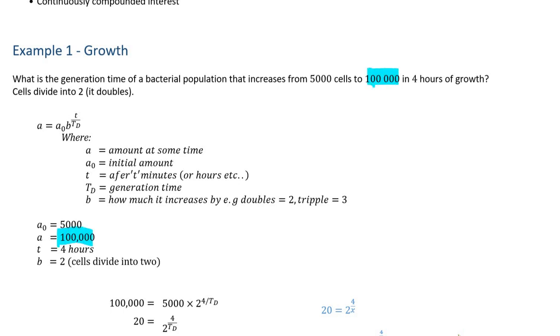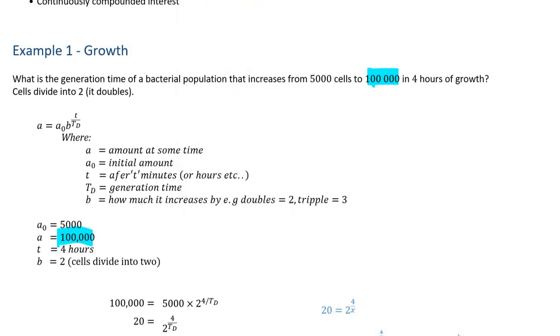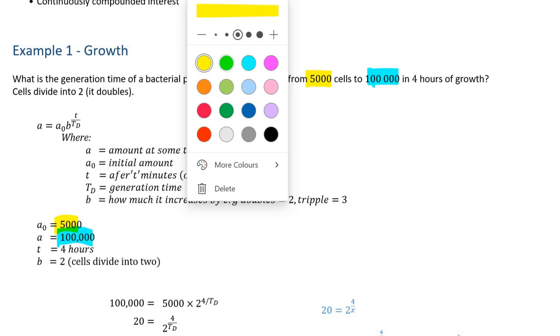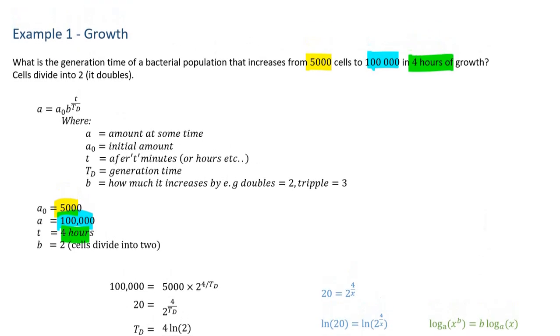The 5,000 is our initial amount. The time we're given is 4 hours of growth. And the cells divide into 2.